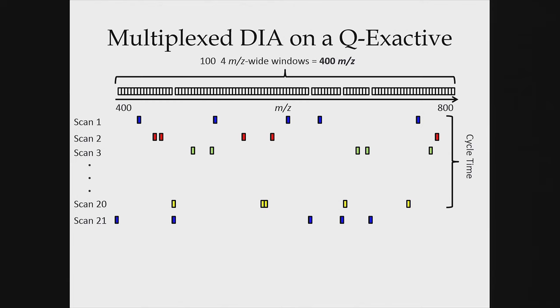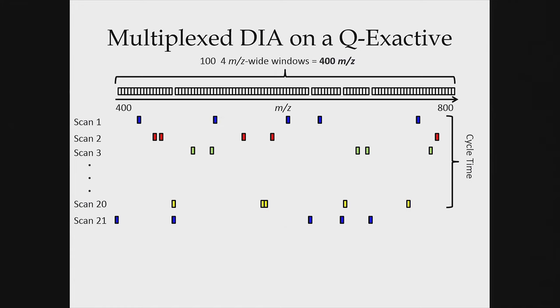If I were to show you these 2 MSMS spectra, you would see very complex spectra, but you would see that there are some fragment ions in common between scan 20 and scan 21. You would probably suppose that those fragment ions in common came from this isolation window, because that's the only one in common between the 2 scans.